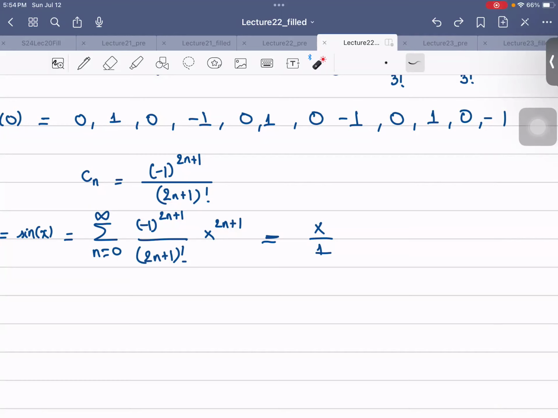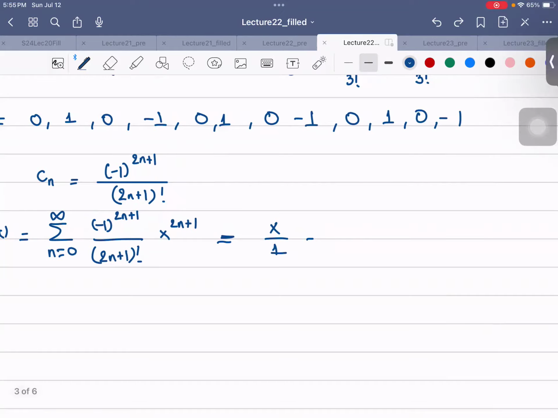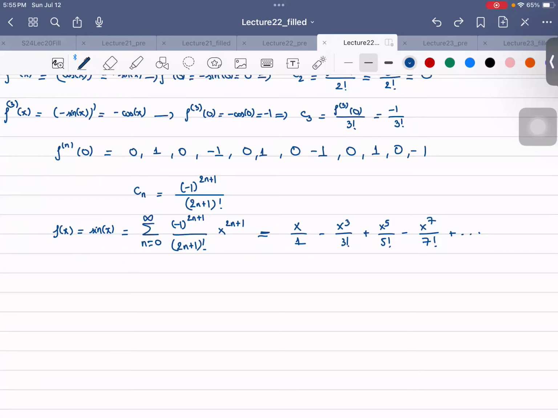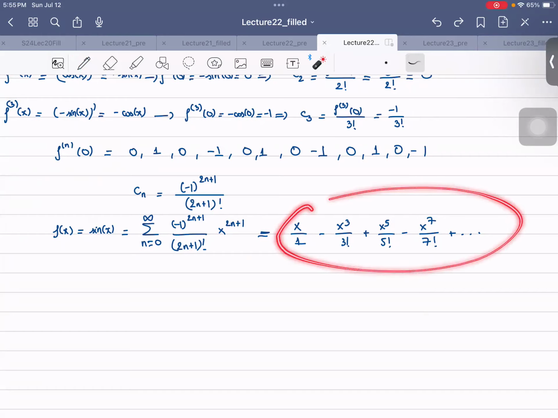If you write out this thing explicitly, you're gonna have x divided by 1 minus x cubed divided by 3 factorial plus x to the power of 5 divided by 5 factorial minus x to the power of 7 divided by 7 factorial and so on. Okay, you can test with different index and you're gonna see that you have this power series.